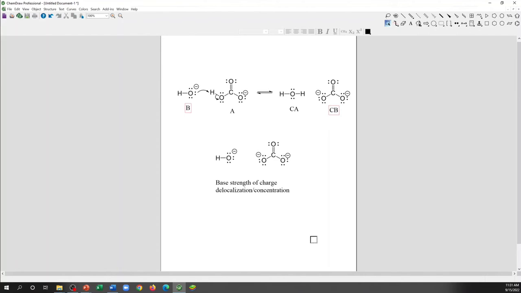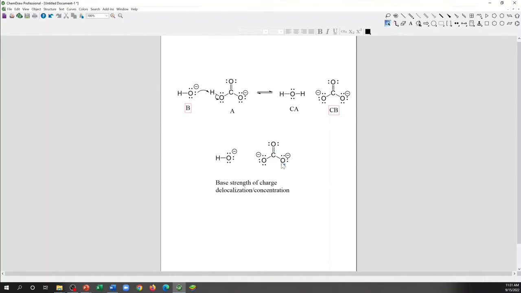And so the more that negative charge is localized to a single point, the better the compound is able to reach out with that charge. So in the case of hydroxide, that -1 charge on the oxygen has nowhere else to go, and it is stuck on this oxygen. So this oxygen right here has a concentrated -1 charge.